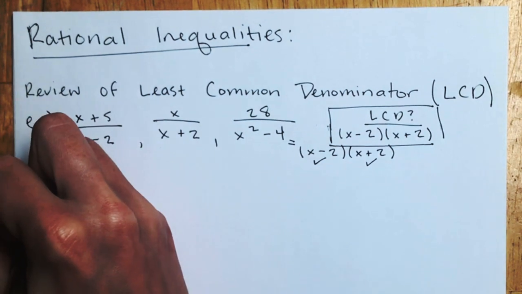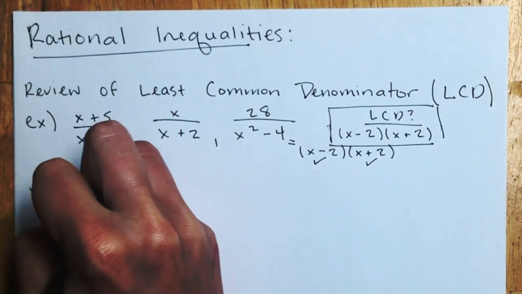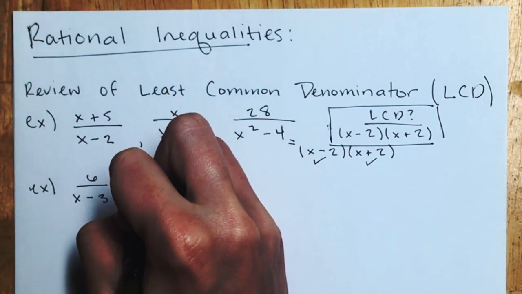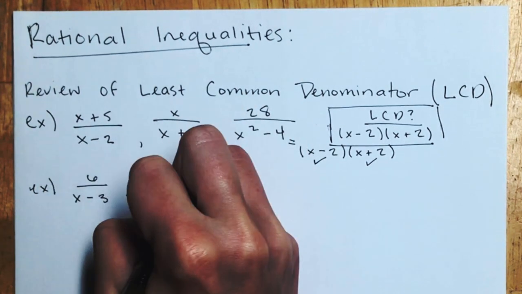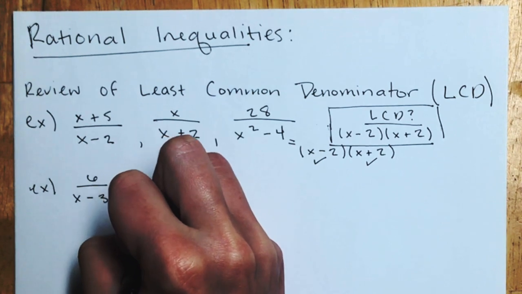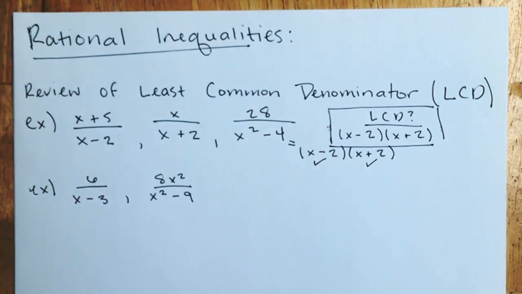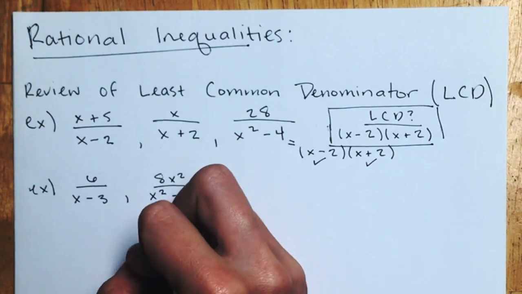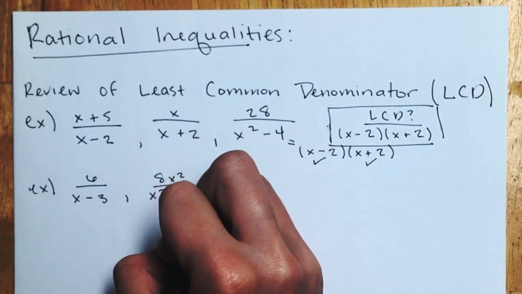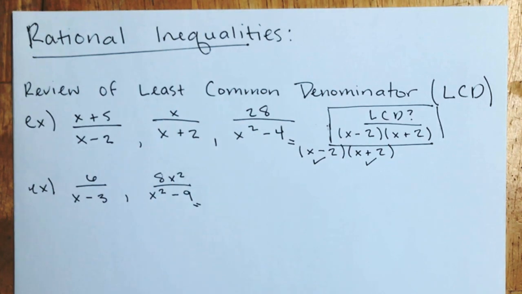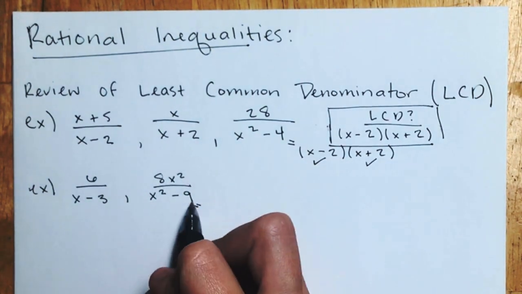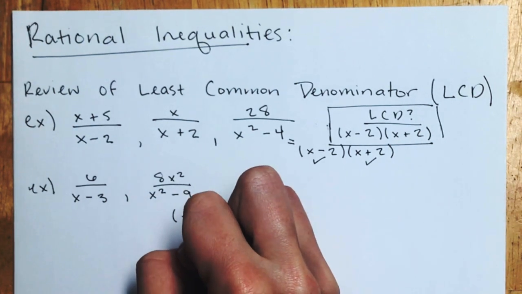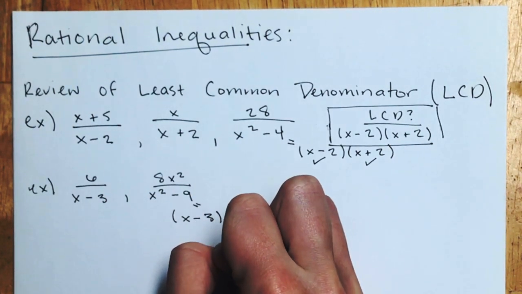Let's try another one. So let's say I've got 6 over x minus 3 and 8x squared over x squared minus 9. If I simplify this one so that we know what all of our factors are, we have, again, a difference of squares, right? 9 is a perfect square, so we can split this into x minus 3 and x plus 3.